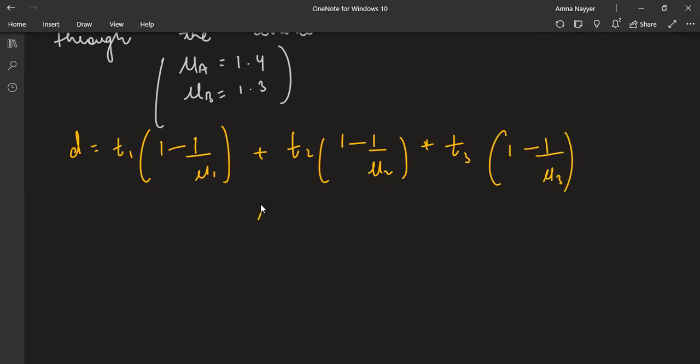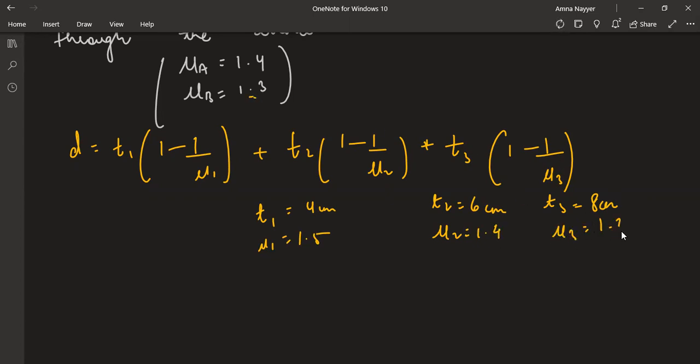See here, T1, first thickness in the question, is given as 4 centimeter. Second thickness will be 6 centimeter. Third thickness will be 8 centimeters as per the question. And mu1 is also given, glass 1.5. Mu2 is also given 1.4, no? And mu3 is given, yes, 1.3.